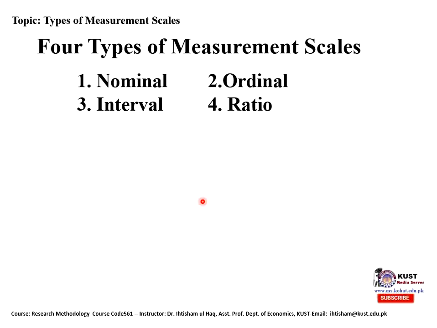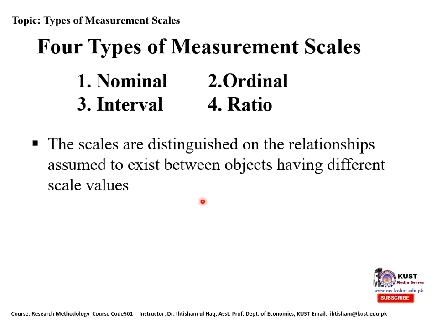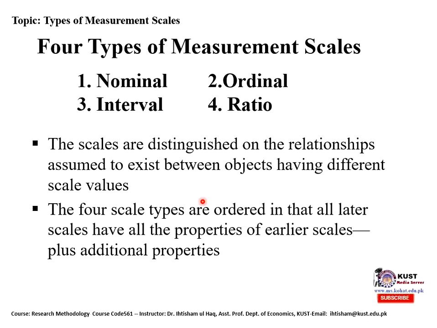And similarly, ratio scale will have the properties of all 3, from 1 to 3, that means nominal, ordinal, interval, plus additional properties. These scales are differentiated on the assumed relationship between objects, and for objects we are assigning different scale values. So the 4 scale types are ordered in that all later scales have all the properties of earlier scales plus additional properties.